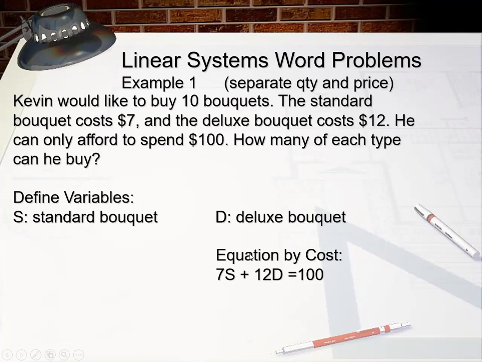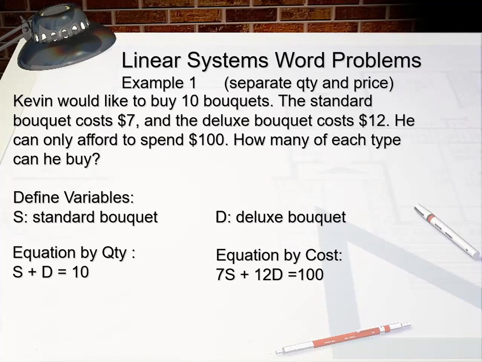The second equation I need to know is quantity. Now it says up here that he wants to buy 10 bouquets. So that means the combination of standard and deluxe, S plus D, is equal to 10. So you can see we have one equation by quantity and one by cost. These are our equations.